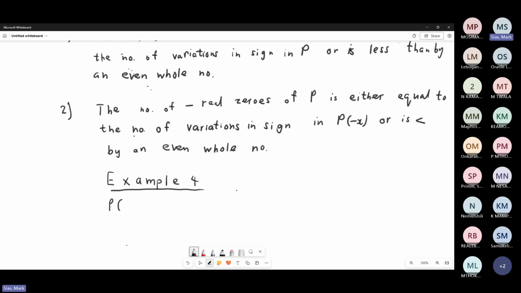P of x equal to 3x to the 6 plus 4x to the 5 plus 3x cubed minus x minus 3.